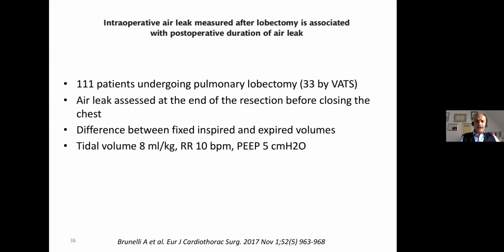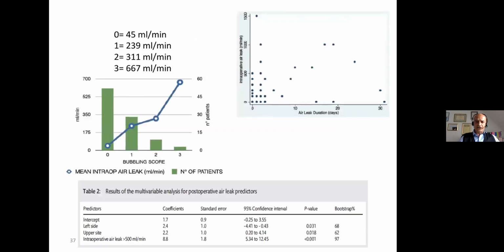Air leak can be estimated intraoperatively, and this is something we did in 2017 on about 100 patients undergoing pulmonary lobectomy. What we did was to assess the air leak at the end of the resection using the spirometer of the ventilator, measuring the difference between the inspired and expired volumes at standard tidal volume and positive end expiratory pressure.